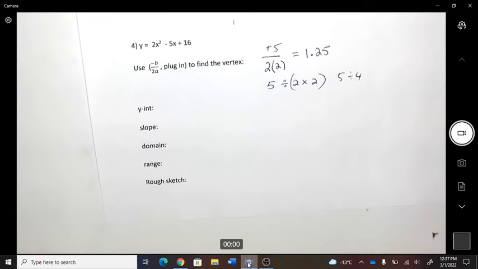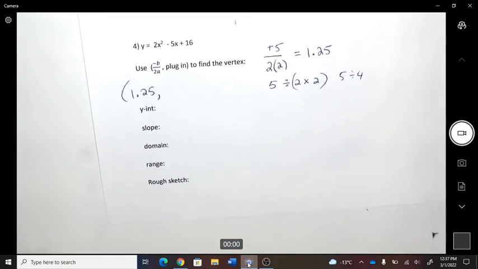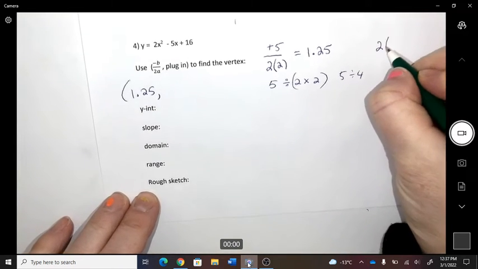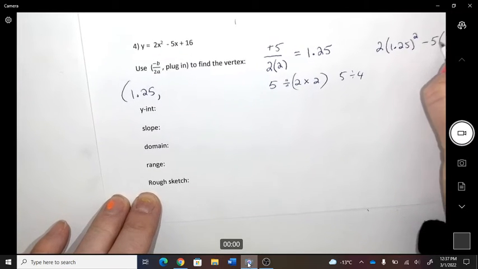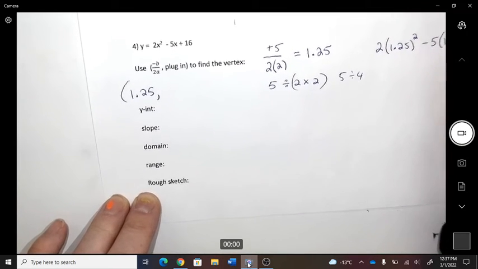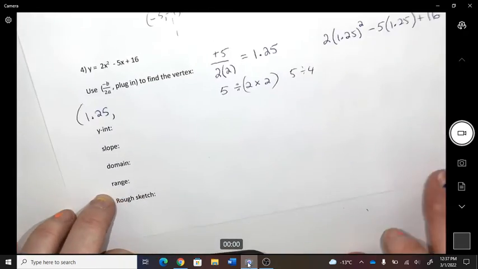So 1.25. So far our vertex is 1.25, comma. Now I need to plug that in. So 2 times 1.25 squared, and I'm plugging it in like that.